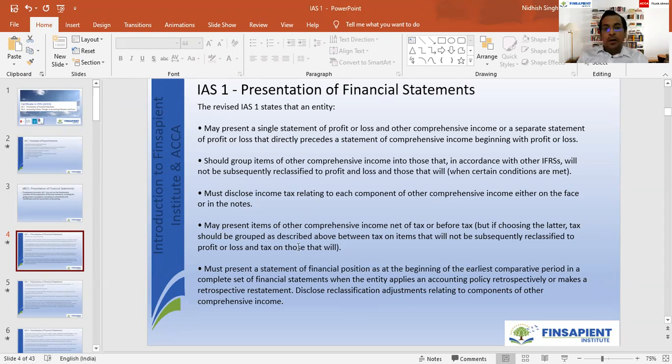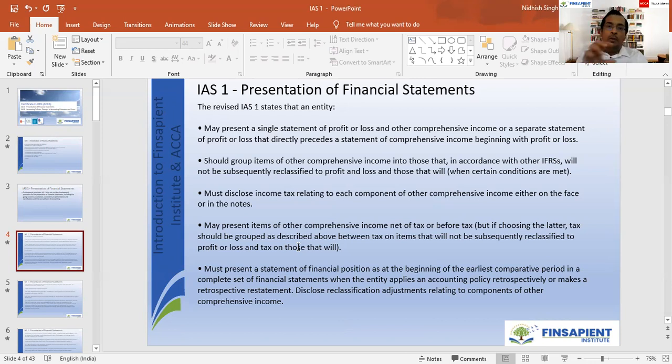Also, there should be a comparative number provided. There are two ways that we provide the comparative number for the financial statements. One is in the 4 primary statements, the balance sheet, P&L, etc. We provide comparative numbers line by line, side by side on the 4 primary statements.